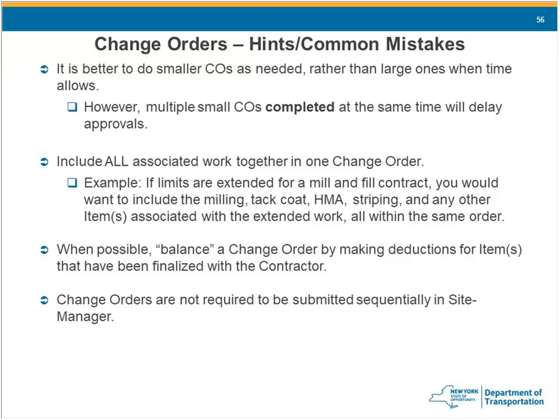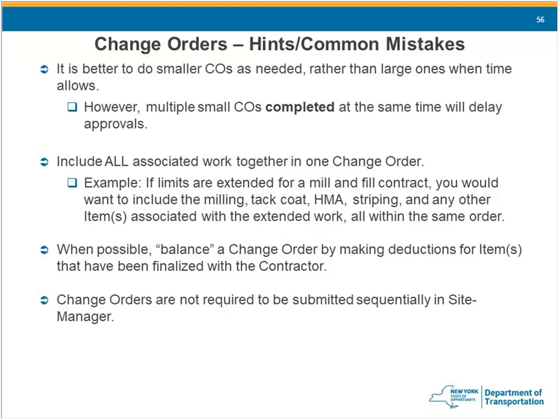Include all associated work together in one change order. An example is if the limits are extended on a mill and fill contract, you'd want to include all the milling increase items, tack coat, blacktop, striping, anything associated with that. And that's good practice. If you have a change in site conditions that affects multiple items, number one, it's easier.